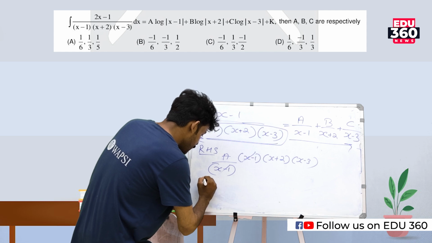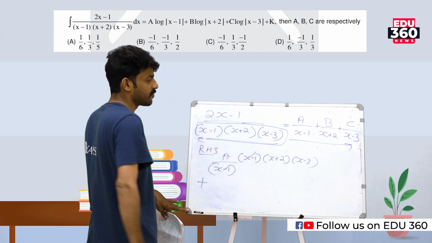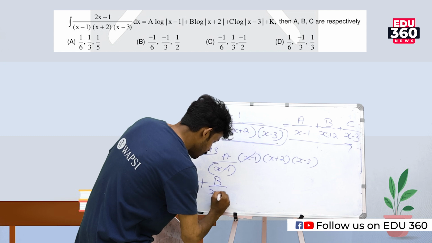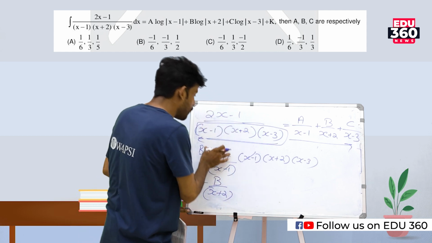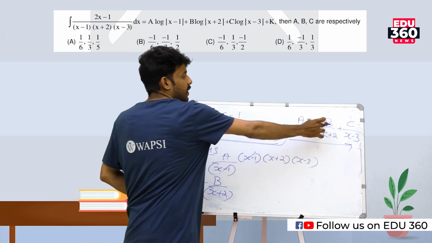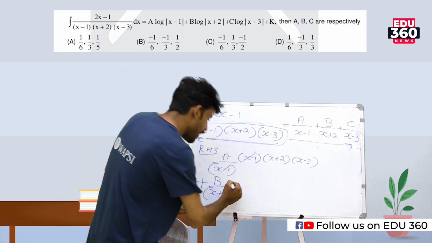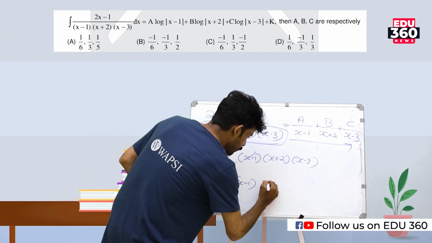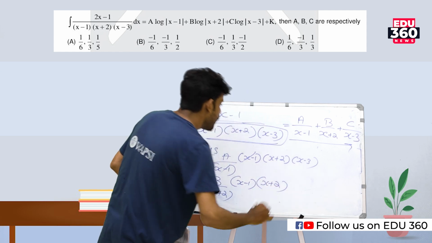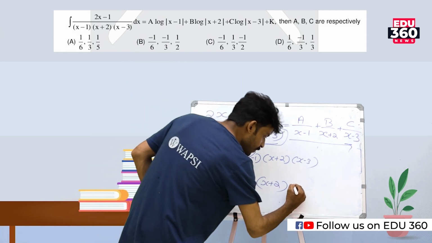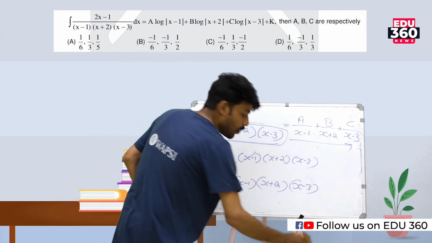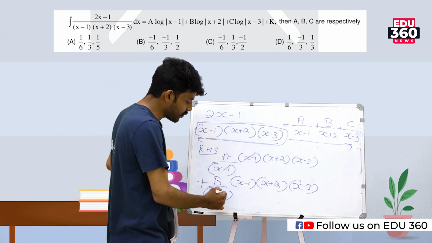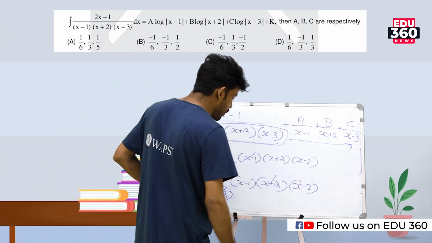plus b into x plus 2. Again, we multiply this for all terms, that is x minus 1 into x plus 2 into x minus 3. Look here, x plus 2 is in the numerator and in the denominator, so just cancel this.